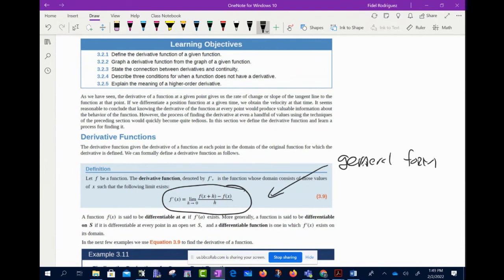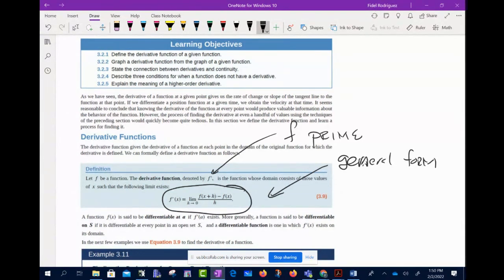Okay. So look what it says. Let f be a function. The derivative function denoted by... does anybody remember how we say that? F prime. Good. It is the function whose domain consists of those values of x such that the following limit exists. So f prime at x is equal to the limit as h approaches 0 of f of x plus h minus f of x all over h.